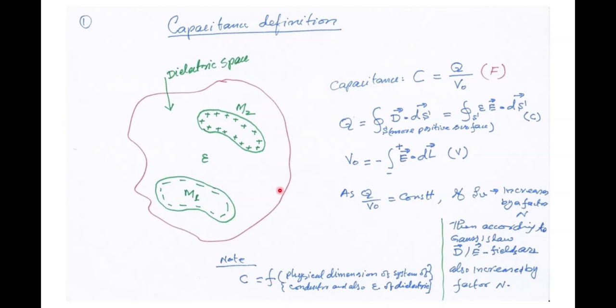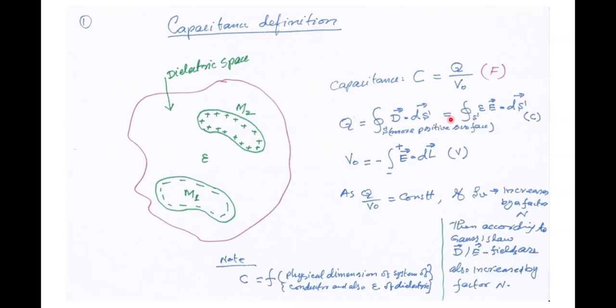Inside this closed surface, or in this volume, we have two metallic conductors which are denoted by M2 and M1. M2 carries positive charges and M1 carries negative charges. The permittivity of the dielectric space is epsilon.